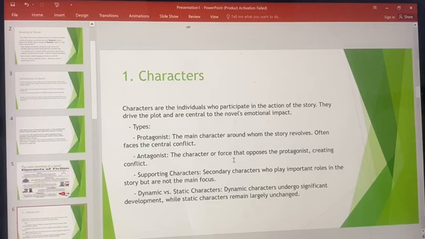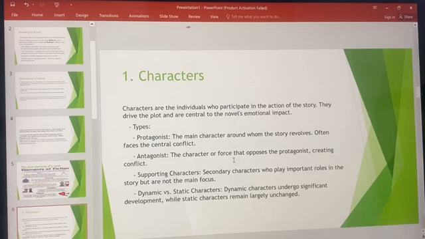We have another type of character which is antagonist. The character or force that opposes the protagonist, creating conflict. Supporting characters, this is the other type.